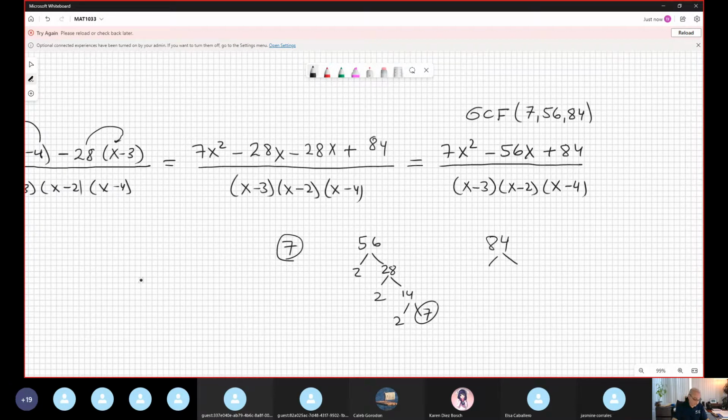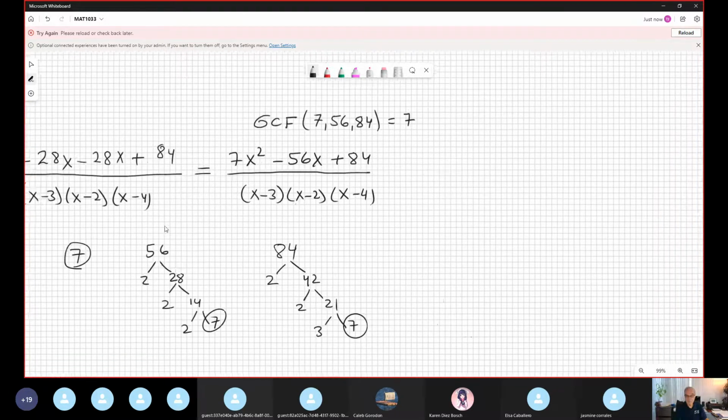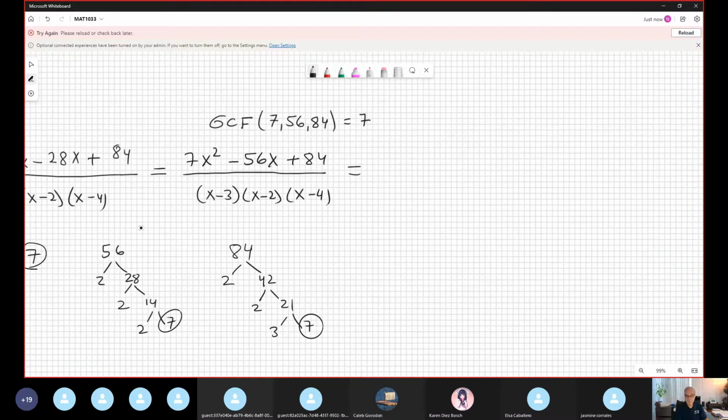84 is even, divided by 2 is 42, I guess so, no? And 42 is also even, gets 21, and 21 is 3 and 7. Definitely yes, 7 is a common factor. You factor out. The greatest common factor between 7, 56, and 84 is 7. I factor out, and let's see what happened. 7 out, stay alive.